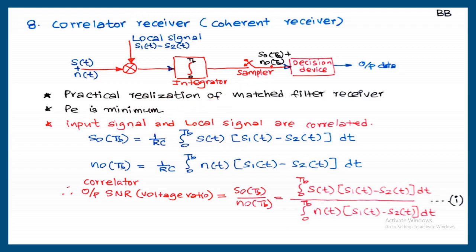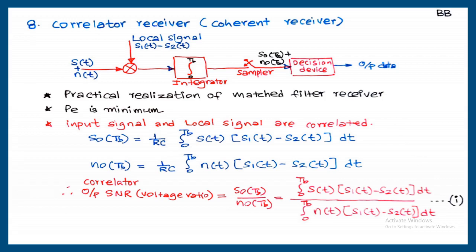This is output signal and this is output noise, and take the ratio. Correlator output signal to noise ratio. It's a voltage ratio, not a power ratio. Correlator output signal to noise ratio is S0(TB) upon N0(TB). Just divide this by this. Answer is written here. Integration 0 to TB S of t into S1(t) minus S2(t) dt upon integral 0 to TB N of t into S1(t) minus S2(t) dt.